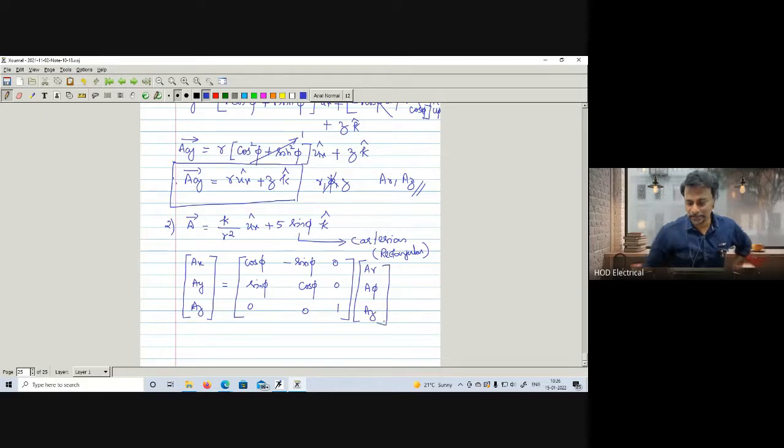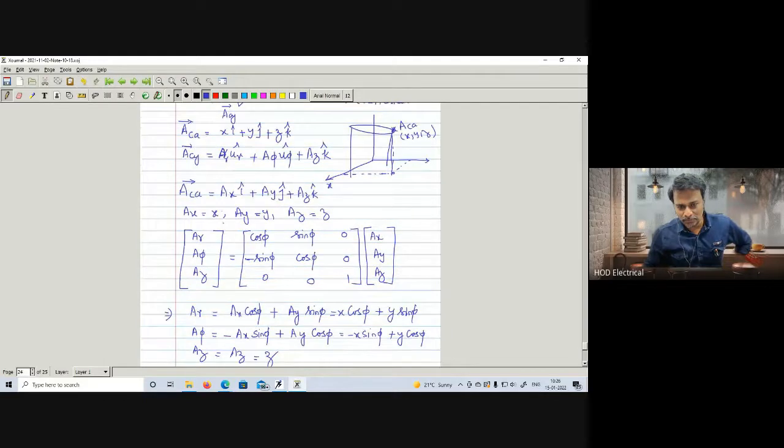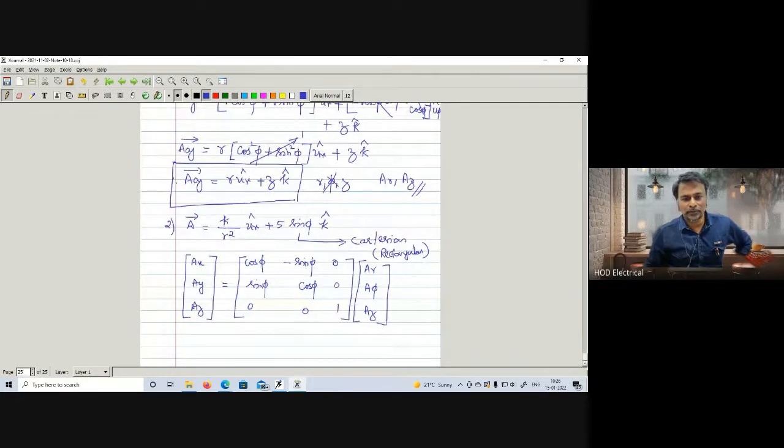That means compared to the previous problem, we are taking the transpose of this matrix. So we have this value. So let me substitute now. We can write AX.